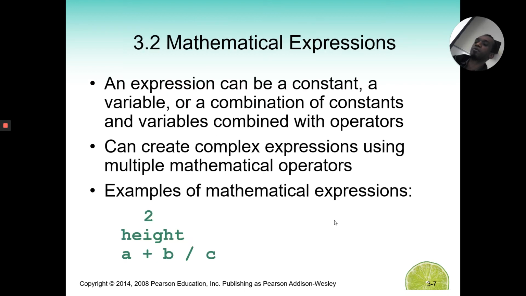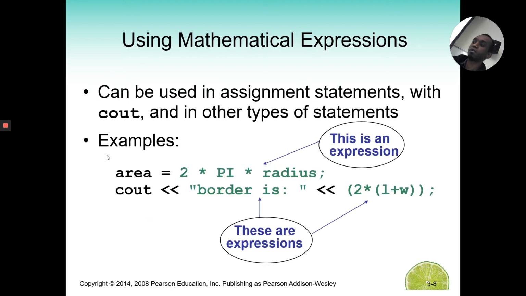An expression can be a constant. You can create complex expressions using multiple mathematical operators. Examples of mathematical expressions are 2 * height, or (a + b) / c. These are similar to expressions you have learned in math.